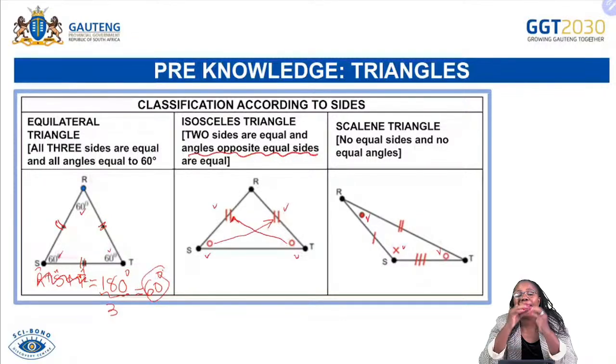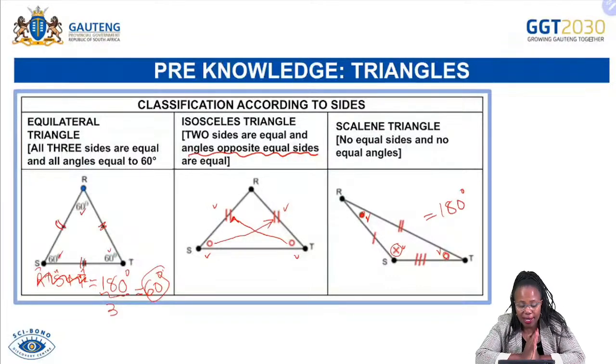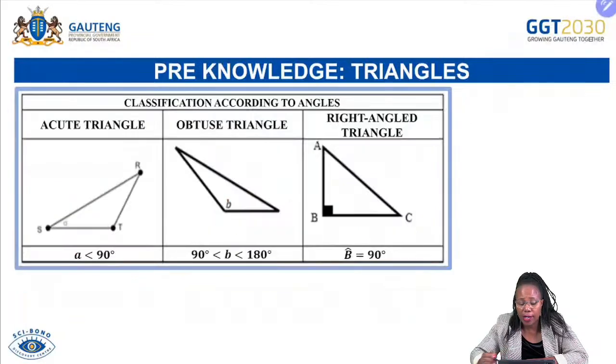But still, if you add these values, that dot, that cross, plus this open dot there, the sum will always be equal to 180 degrees. All triangles sum up to 180 degrees. So with scalene, no sides equal, no angles equal. And then we have triangles that are classified according to angles now.